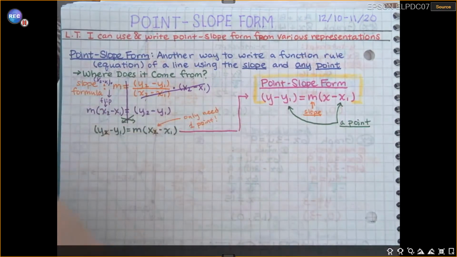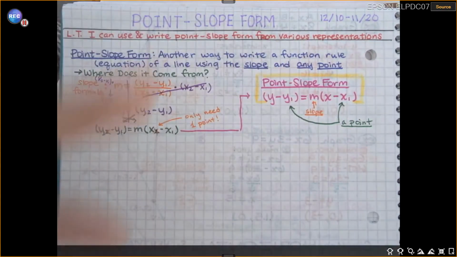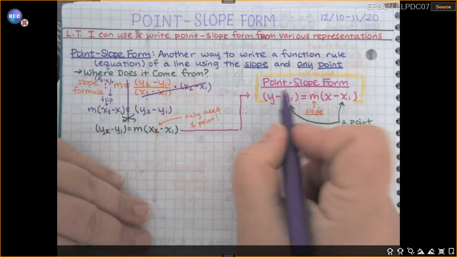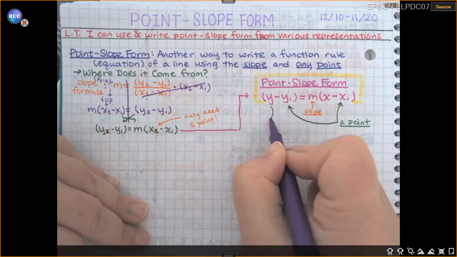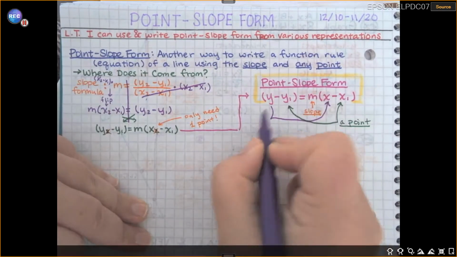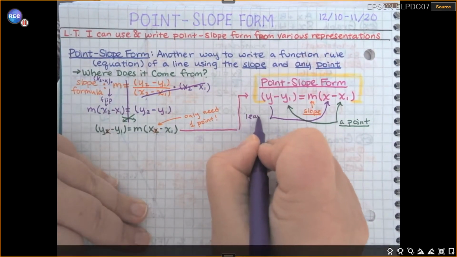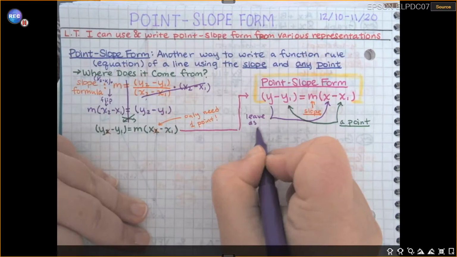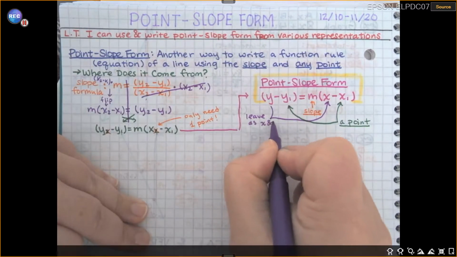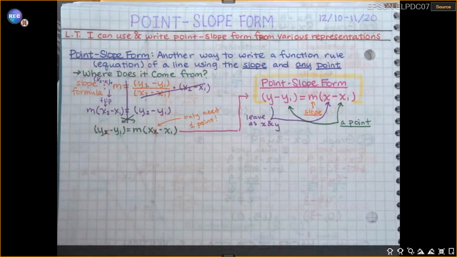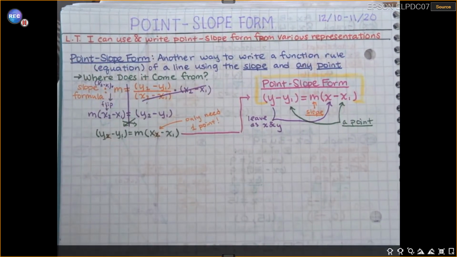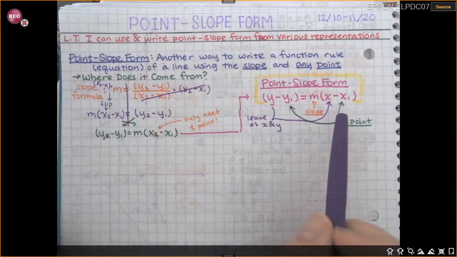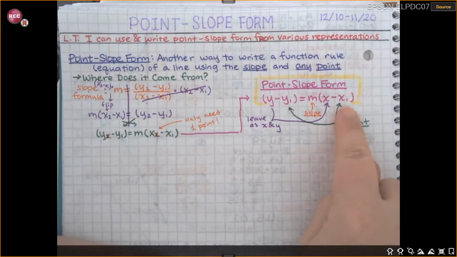That's where they come from, but it's the ones with the sub 1s, because lastly, these guys here, the y and this x, we leave as x and y. Okay? So, there you go, kind of like we did before where we pointed out the y-intercept and the slope, and we leave the x and the y alone. This is the new form.